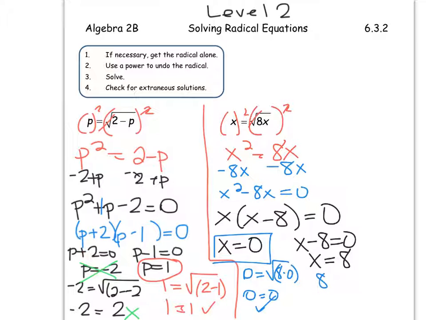And on the other side, I'll have 8 equals the square root of 8 times 8. That would be in parentheses. If I try the square root of 8 times 8 on my calculator, I will get 8. So I'll get 8 equals 8, which means 8 also works out. So in this case, no extraneous solutions. Both answers we get work.